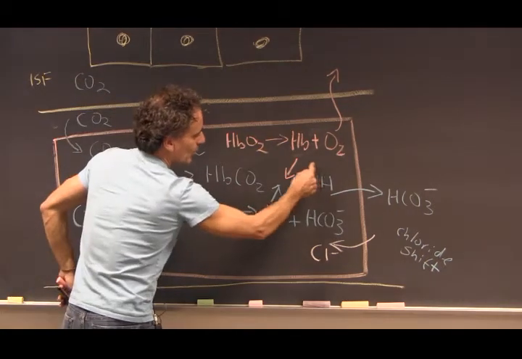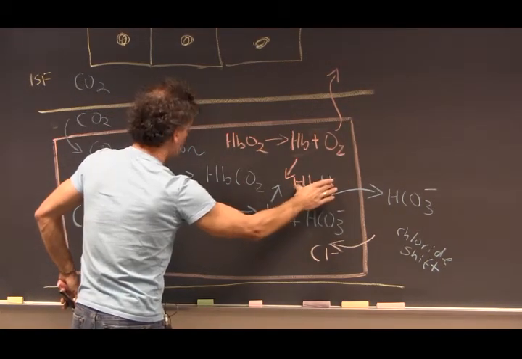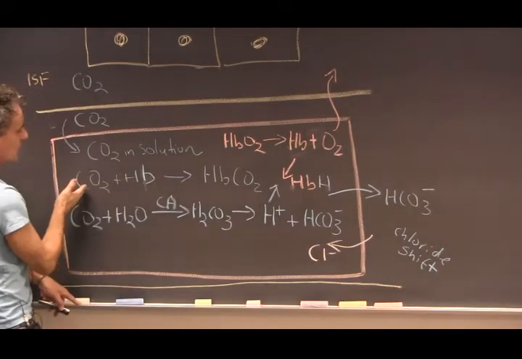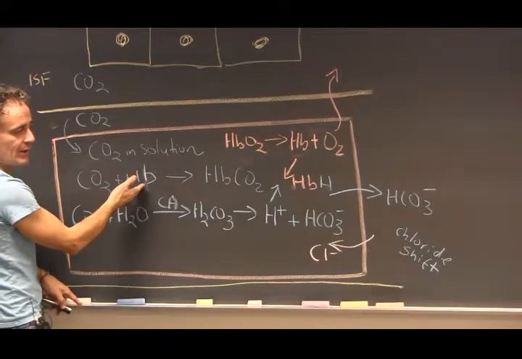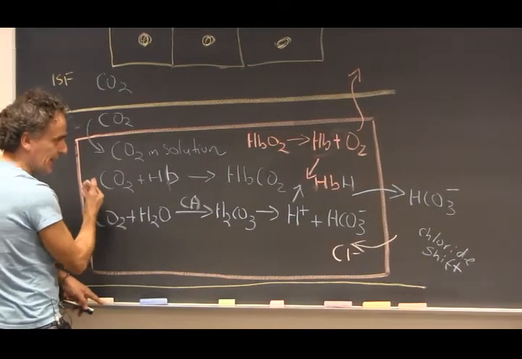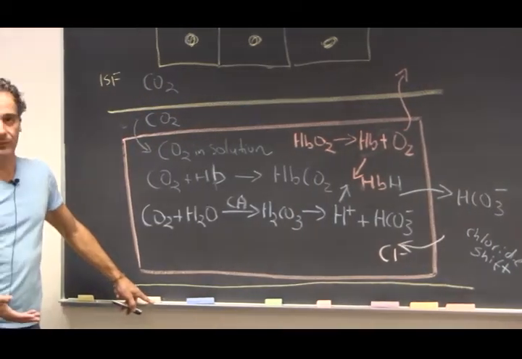Likewise, the other important concept is that this reduced hemoglobin can physically bind CO2 better than the non-reduced version. And as a result, again, we enhance the ability of this blood to carry CO2.